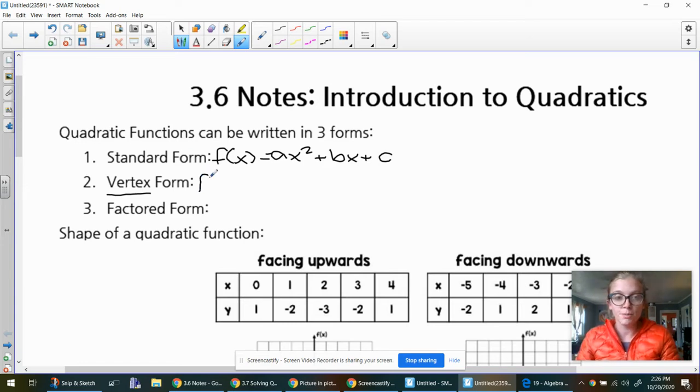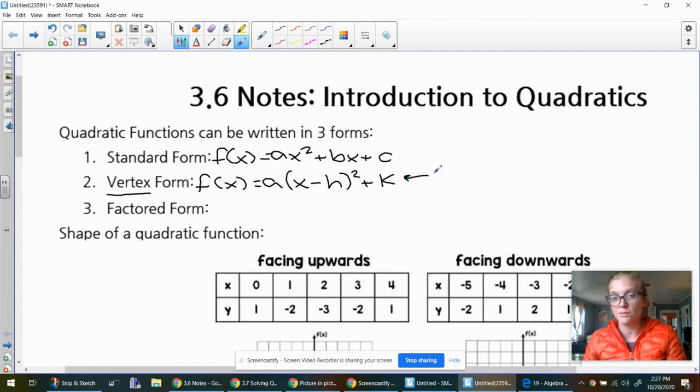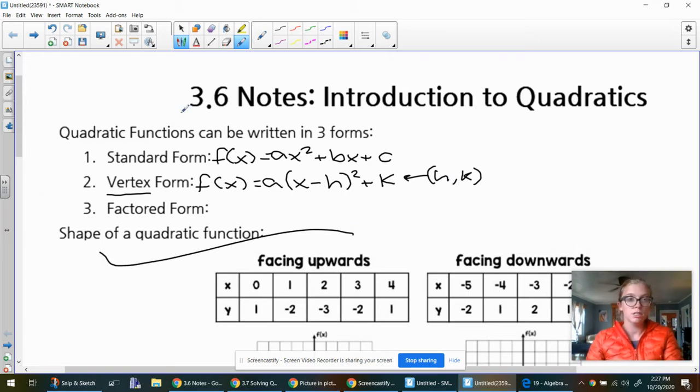And in vertex form, our function is going to be f of x equals a times x minus h squared plus k. In this equation, h and k are the vertex, and we'll see that definition in a second. H and k are the vertex.